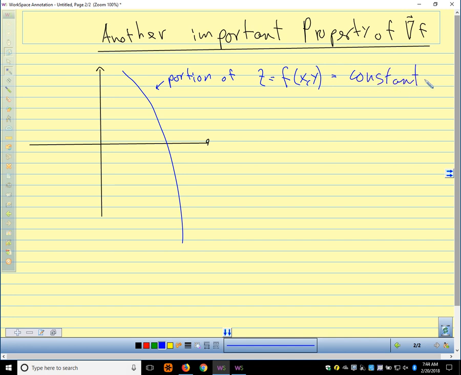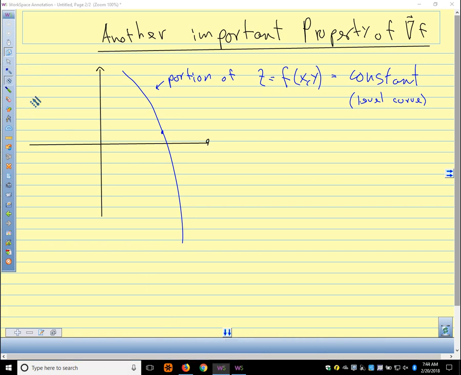So, a portion of a level curve. On this level curve, z is a constant. At this point right here, I'm going to draw a unit tangent vector.